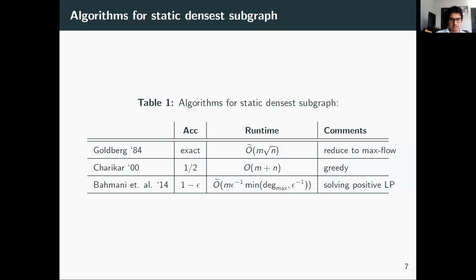And recently, maybe not that recently, Bahmani et al. gave a similar kind of idea to what we'll talk about, where they solved the dual of the problem. What they noticed is the dual is a linear program with only non-negative entries. They solve this linear program, and this gives a near linear time algorithm for the problem.